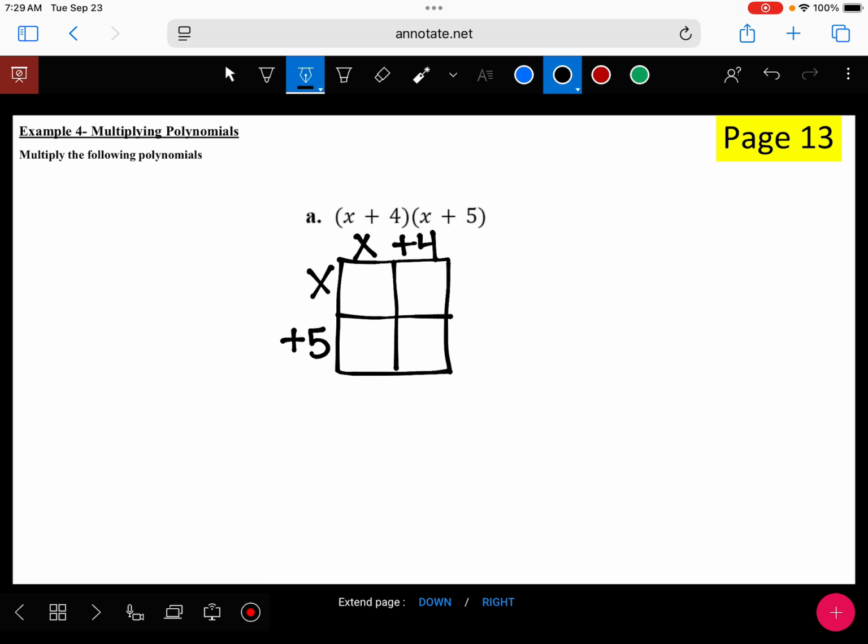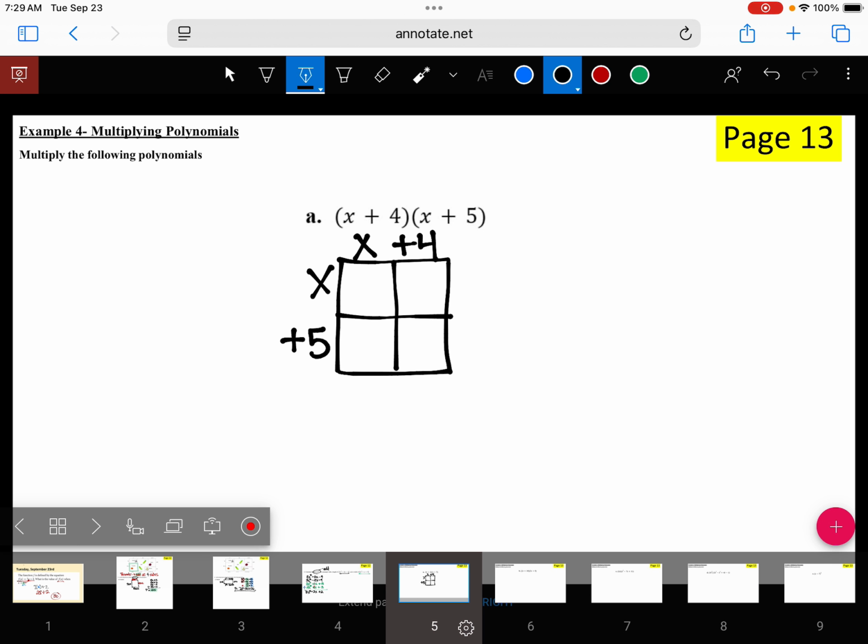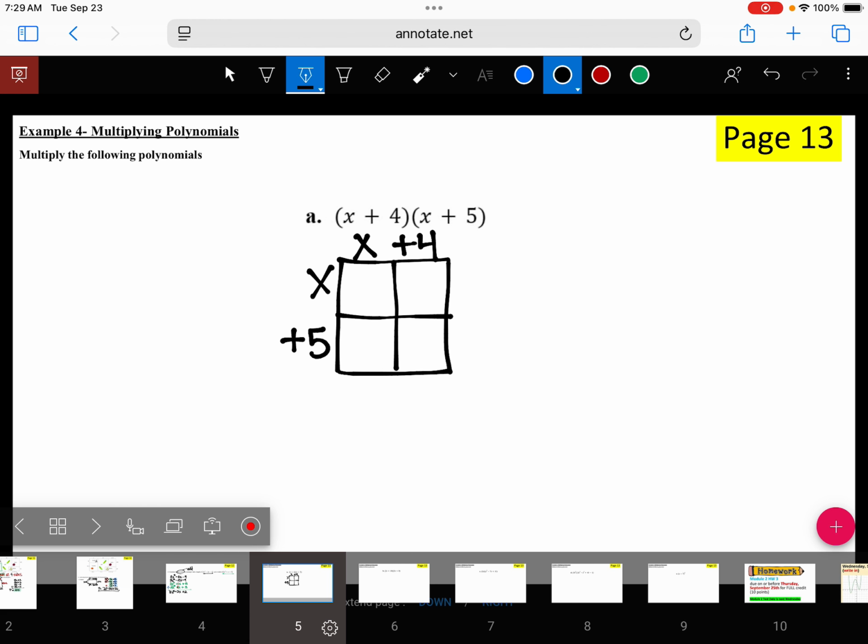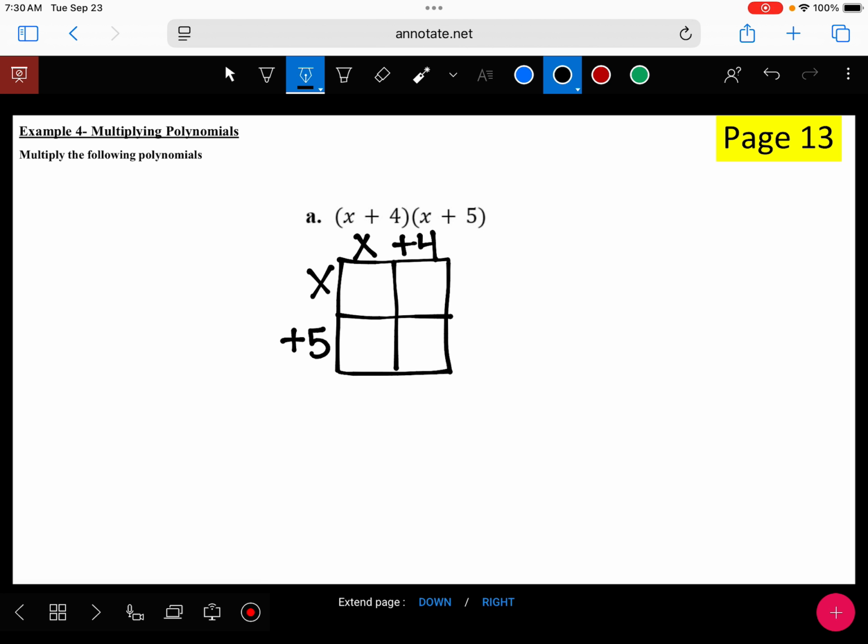Okay. So fill in the boxes and see what you get. So we're multiplying x times x to get x squared. 4 times x is 4x.